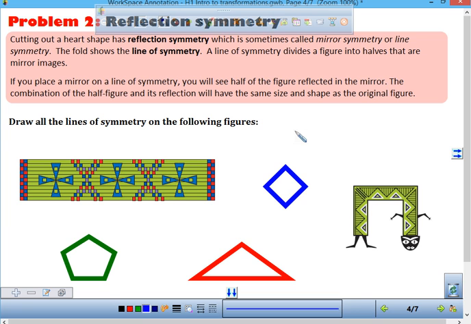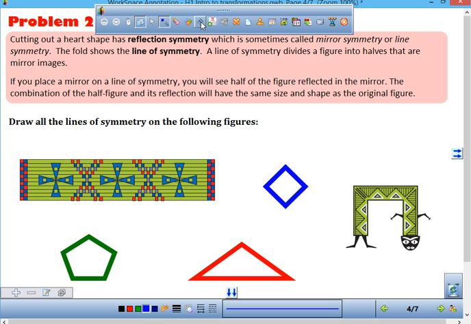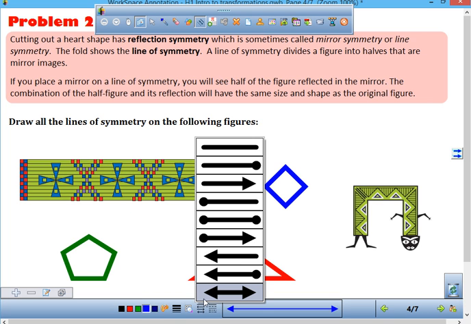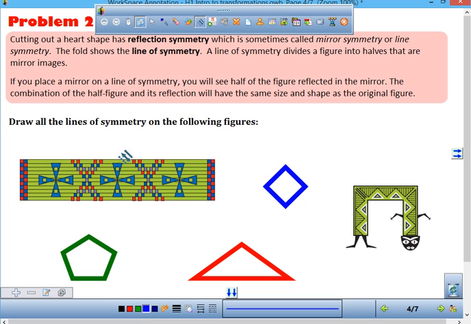Give me one. Down the middle vertically. So I would have to get it in the middle as best as I could. And then if I fold over that line, and that's not the best line that I've ever drawn, am I going to have everything right on top of each other? Yes, we are.